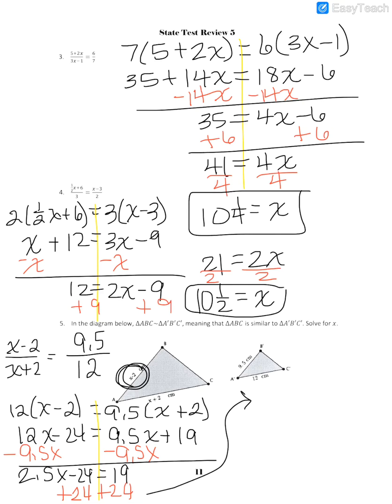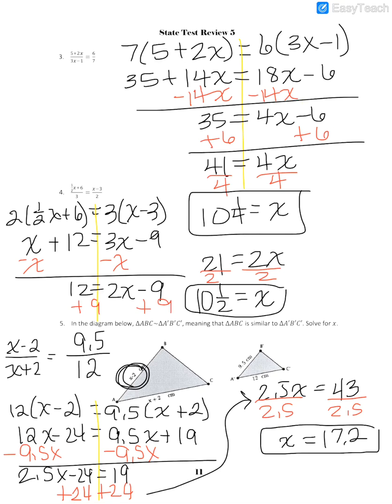So I have 2.5x equals 43. We're going to divide by 2.5, which gives 17.2. And on this one, we just have to solve for x. We don't have to find the sides, so we're done.